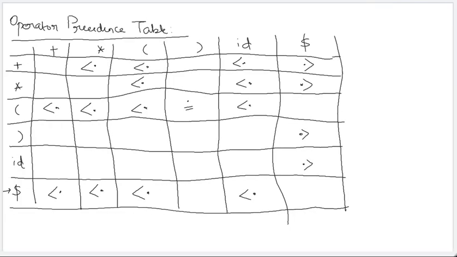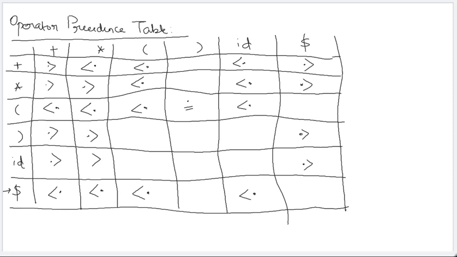So plus, star, all these things have greater precedence over plus. Closing bracket also has greater precedence. ID also. And then plus, closing bracket, ID, they have greater precedence over star.